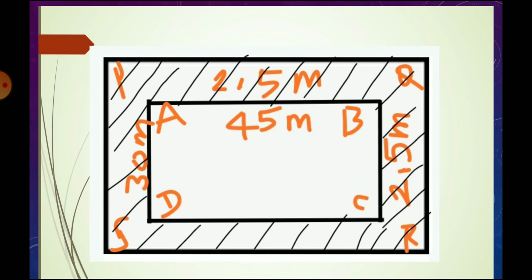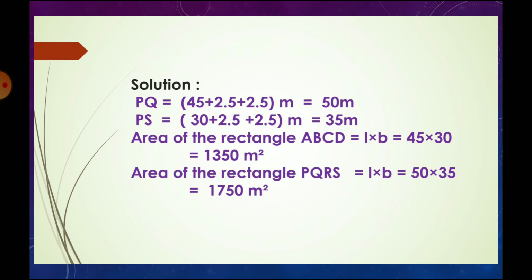So see the clear picture. ABCD is the smaller rectangle, and PQRS is called the larger rectangle. Okay, so for PQ and PS, we should add, because they make a path outside.